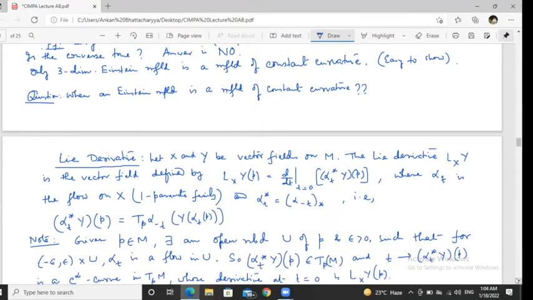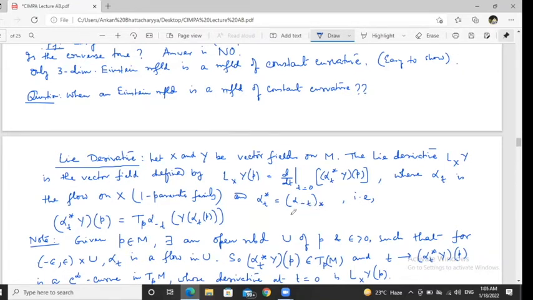Now I come to the concept of Lie derivative. Let X and Y be vector fields on M. The Lie derivative L_X Y is the vector field defined by d/dt of alpha_t star Y_p, that is the pullback map, where alpha_t is the flow of X, a one parameter family, and alpha_t star is alpha minus t star.